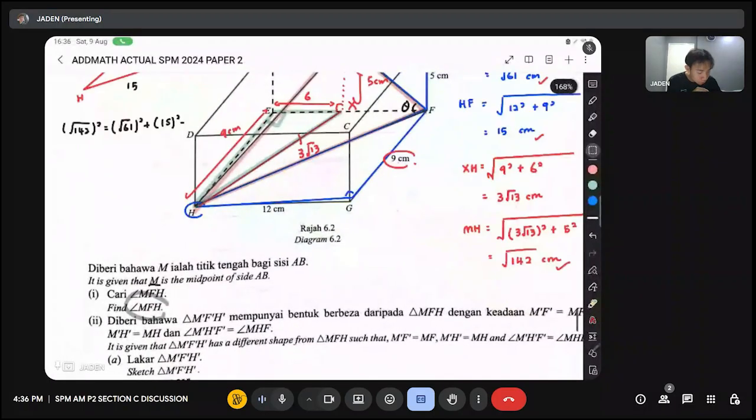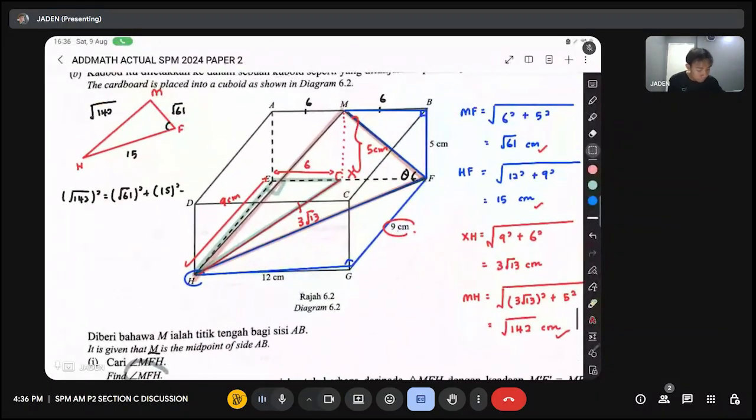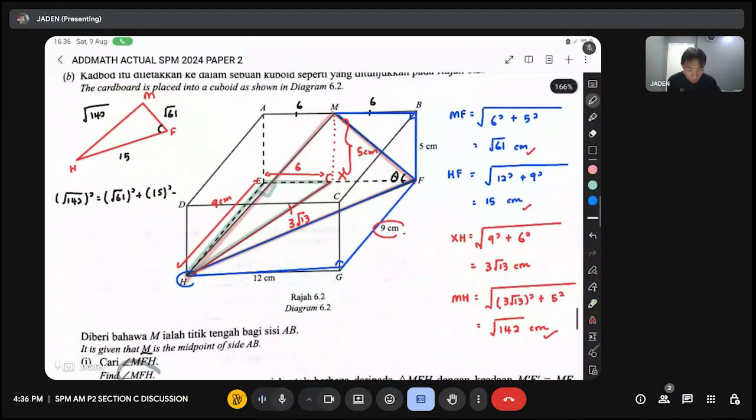I try to make it clear enough for you to see it. Plus 15² minus 2(√61)(15), and then you want cos angle MFH, which is the one that we are looking for.